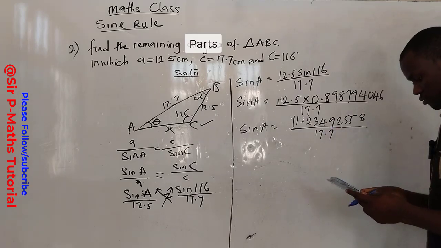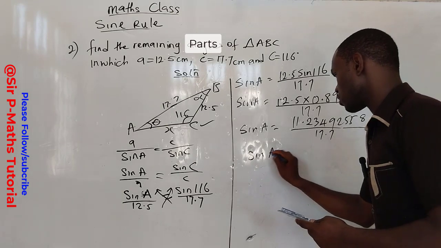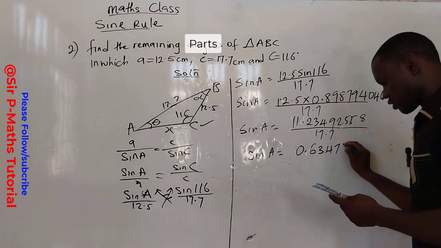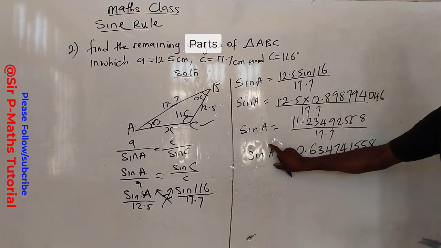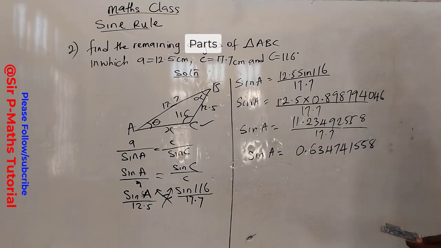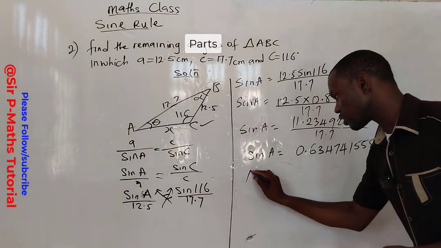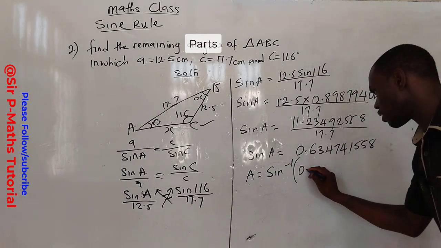We divide. I'll have sine A to be equal to 0.6347415558. Now because A is an angle and we are looking for the angle A, take the sine inverse of this value, you get the angle A. Sine inverse of this guy.